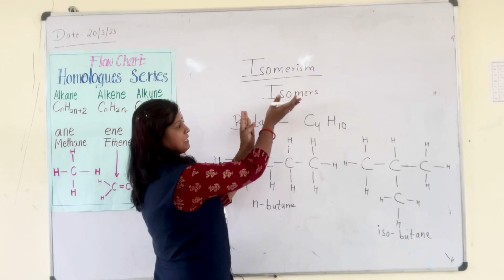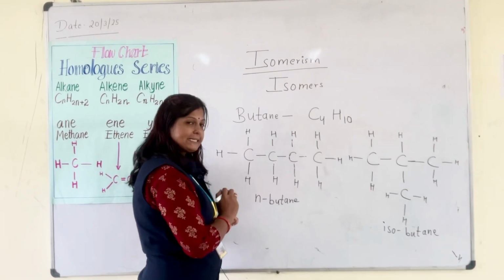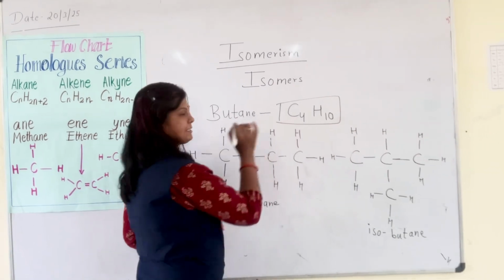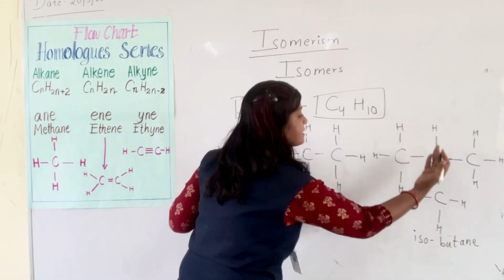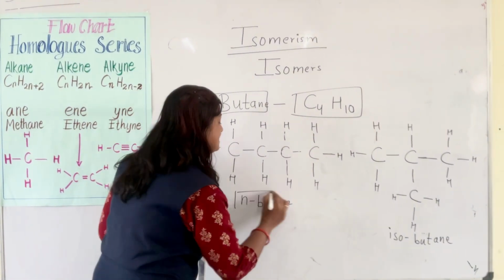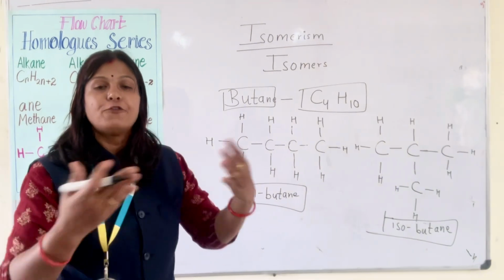Now we will come to the term, what do you mean by isomers. Now, what is the formula? C4H10. What is the name? Butane. Now, what is the structural representation? One is n-butane, one is isobutane. Now, you frame your definition.